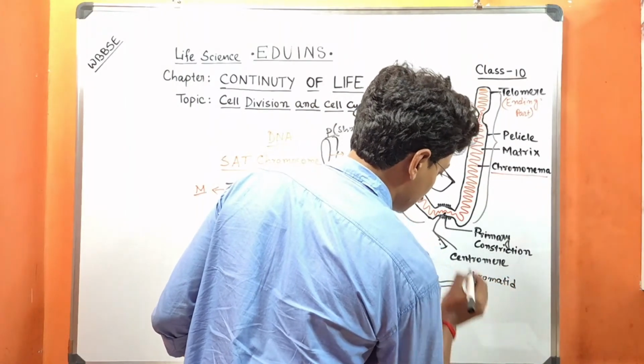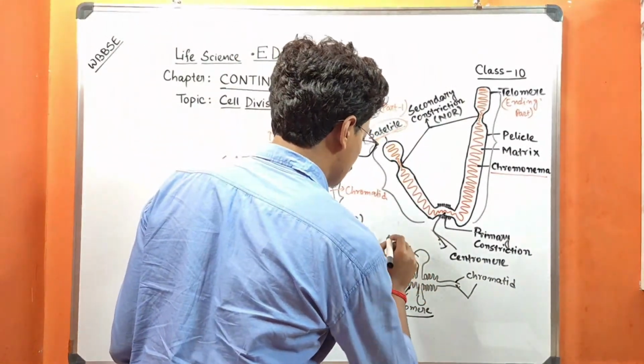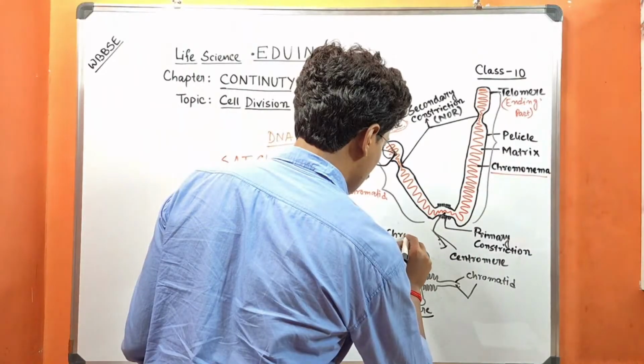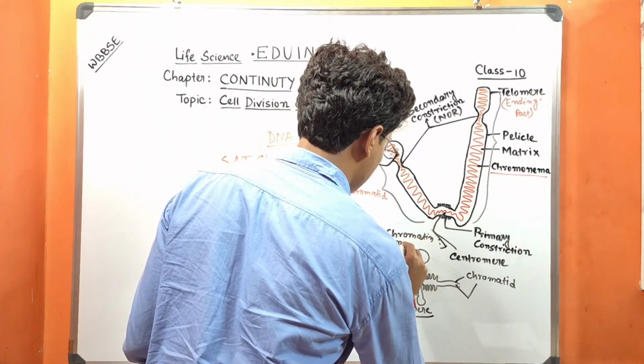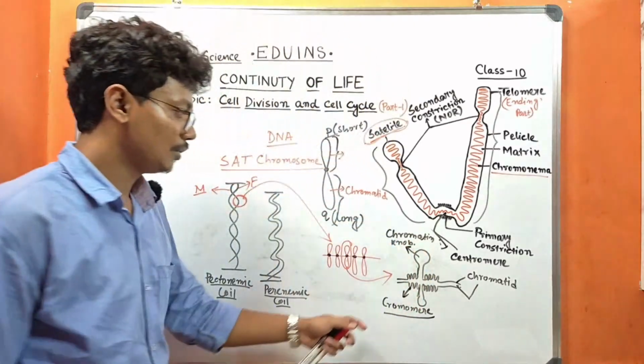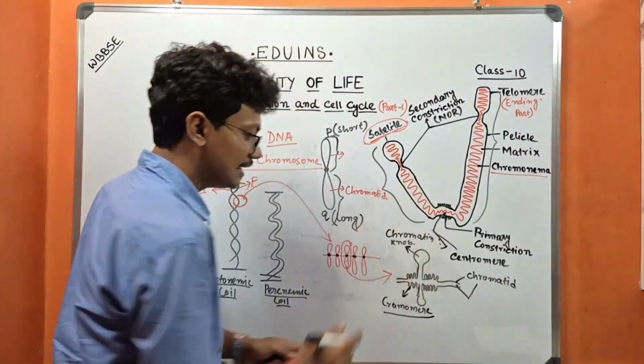These both are chromatids, and this is known as chromatin knob. So this is the structure of this highly condensed part.